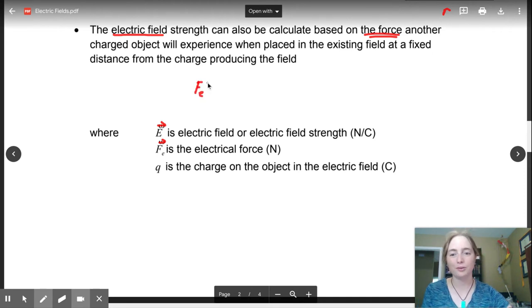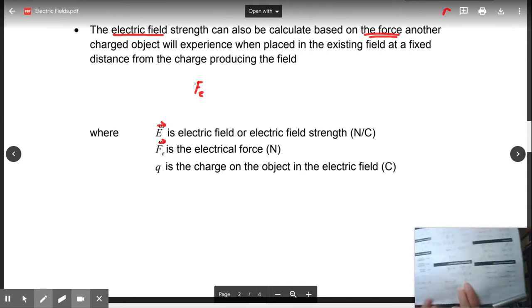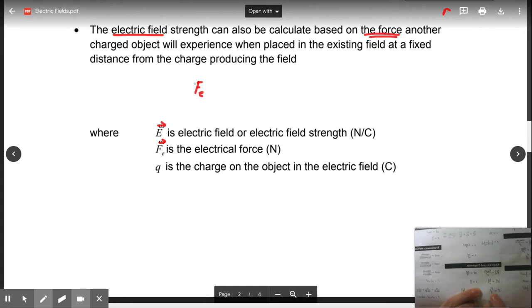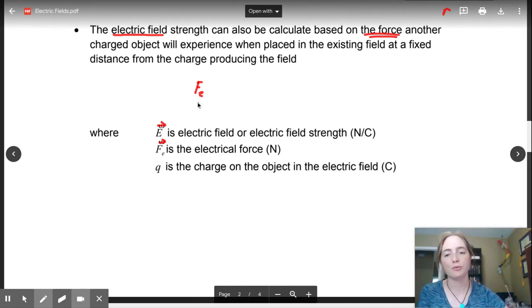Your equation is on your data sheet: Fe over q equals E, the electric field strength. E, in newtons per coulomb, is the electric field strength. Fe is the electrical force. And q, this is the tricky part, is the charge of the object in the electric field.